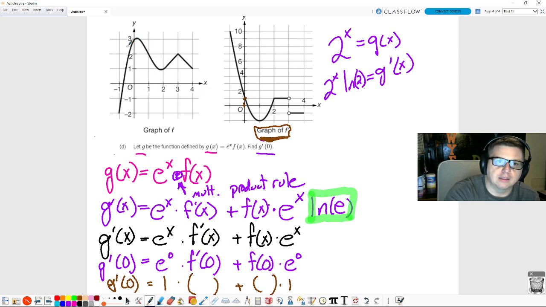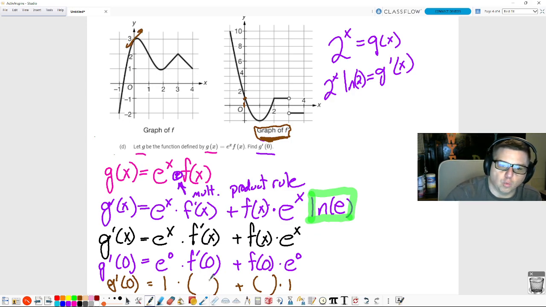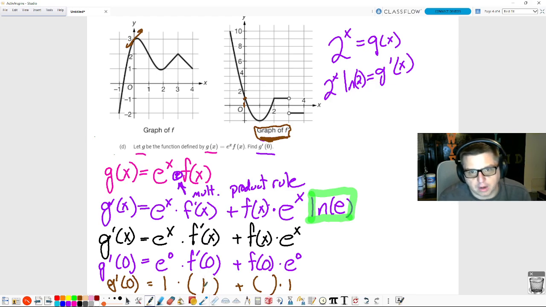When we look at this, you can see that the slope is a positive slope, and I don't think they're going to go too crazy, having you guess what that value was. It should be something very clearly that you can see, and at 0, it should be 1.